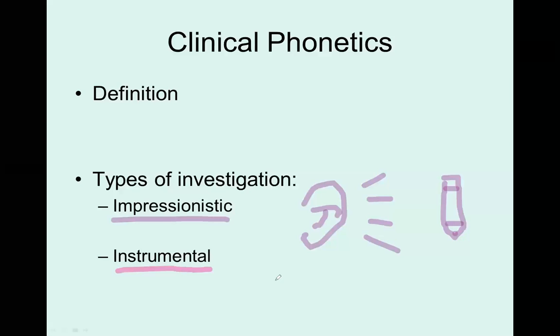You can use ultrasound waves to see what tongue positions and shapes are used when people talk. There are a whole lot of instruments that people use when they are doing phonetics, more than we can talk about right now, but I just gave you a few examples to think about. So you can record sound waves or use things like ultrasound as part of your investigation of speech sounds.